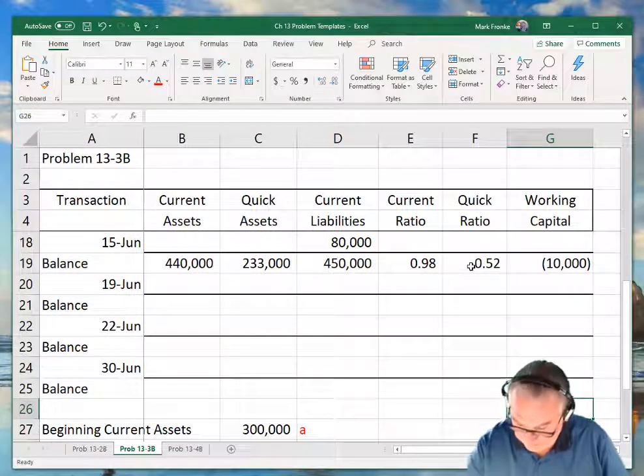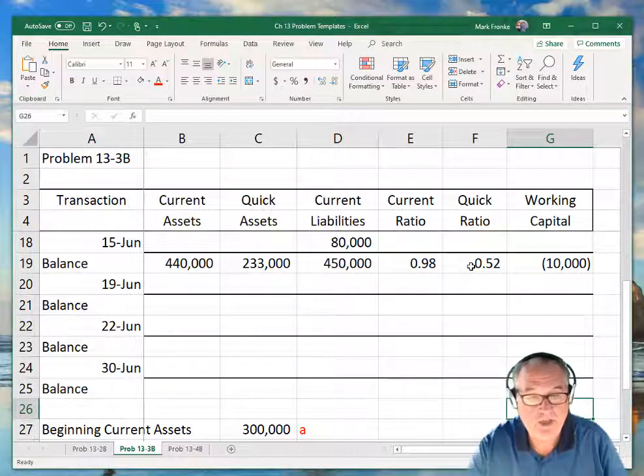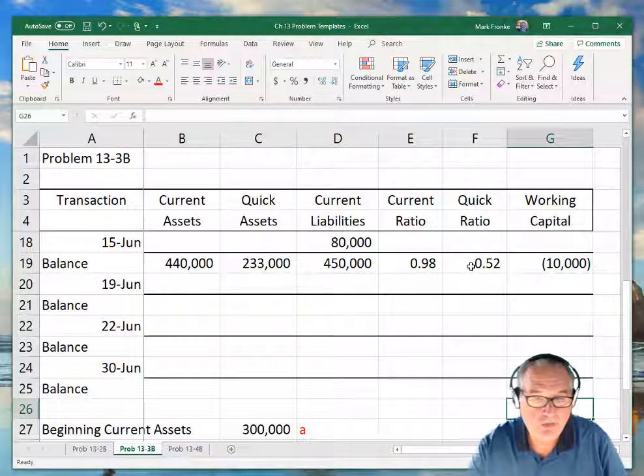That's definitely not a good thing. Transaction on June the 19th, wrote off $5,000 bad debt against the allowance for doubtful accounts. There is no effect on current assets because we just wrote off a receivable against the allowance. So current assets didn't change, quick assets didn't change, current liabilities didn't change.